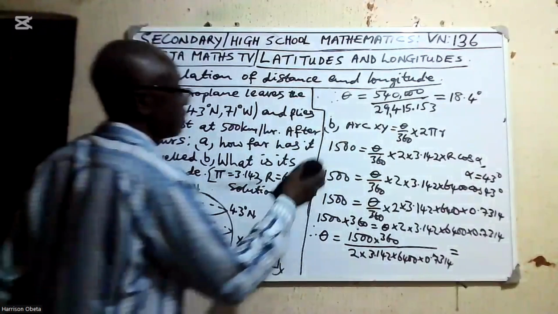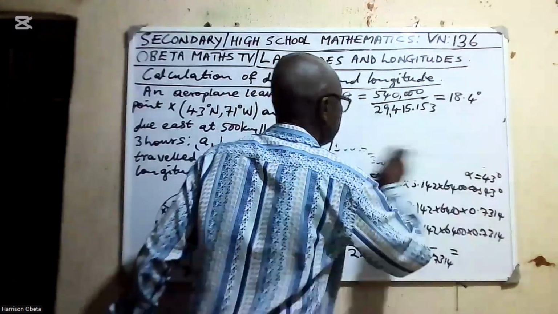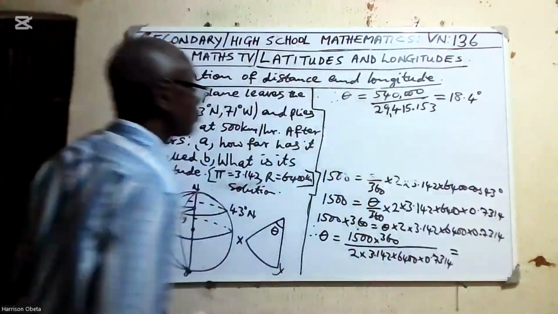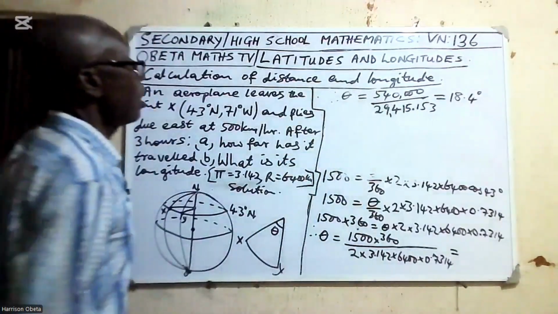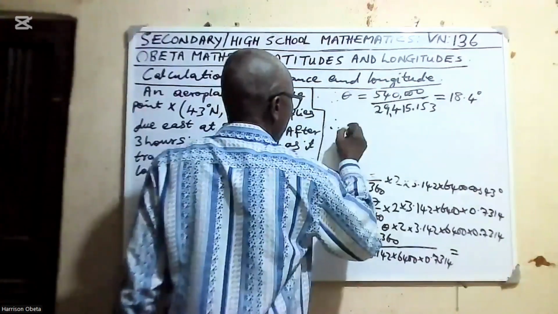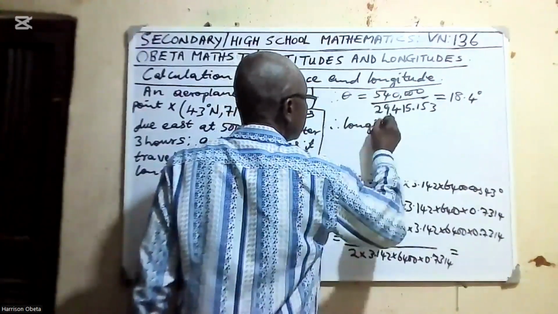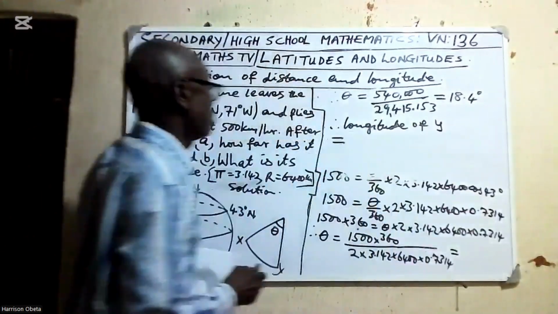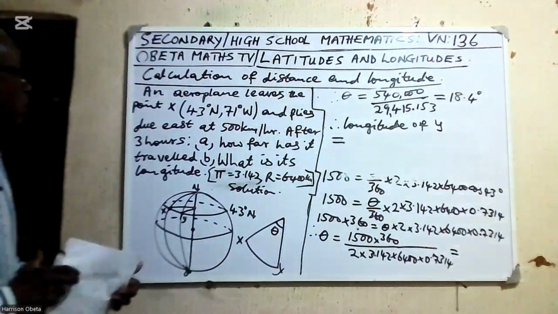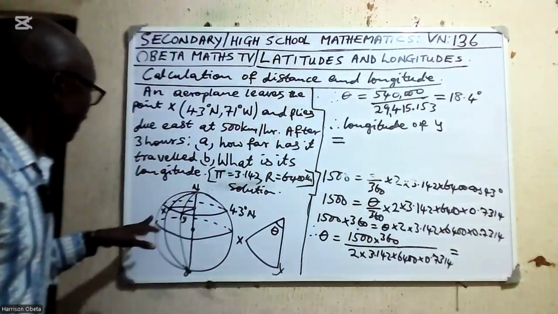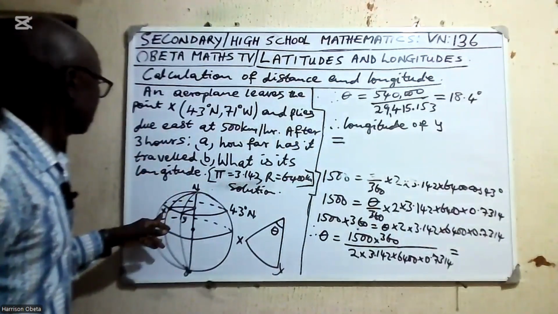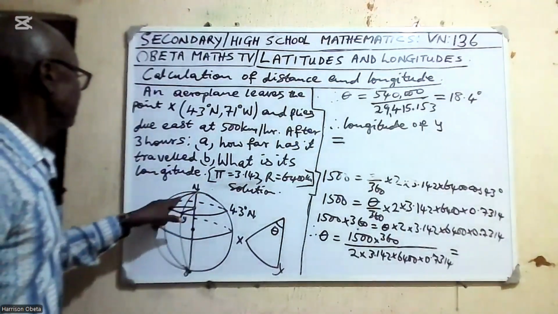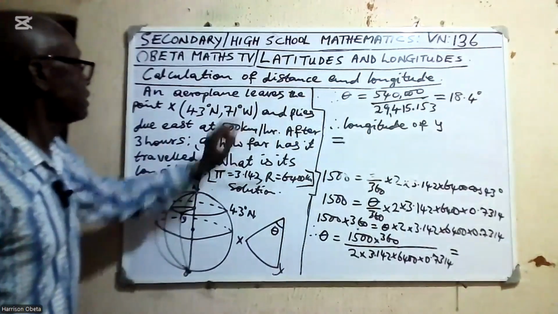That's the longitude of Y. So moving on from here, therefore, longitude of Y should be equal to, remember that since Y is east of X, it means we have to subtract whatever value we have from this longitude, that is from 71 degrees.